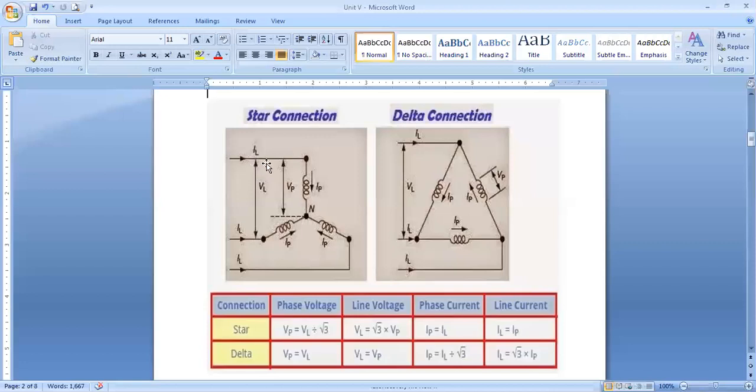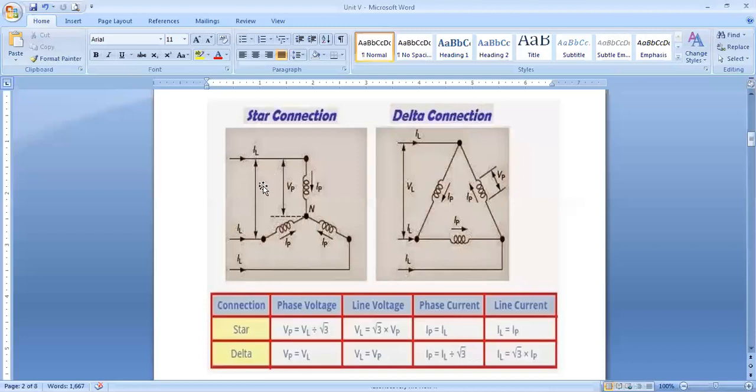Okay, but for the delta connection, the line current is being divided, or you can say the line current is the sum of the two phases. That's why the phase current is equal to line current divided by root 3, or the line current is equal to root 3 into phase current.